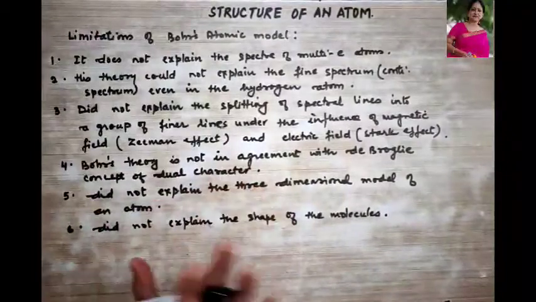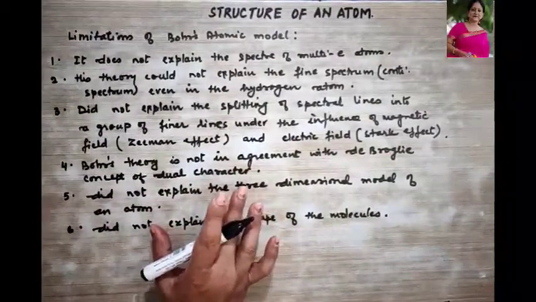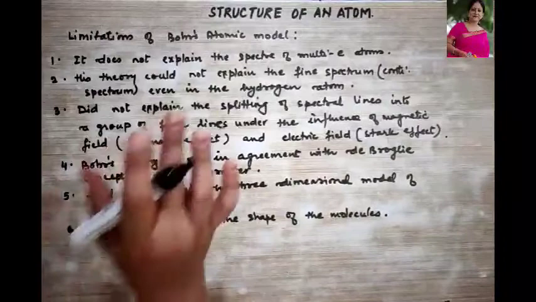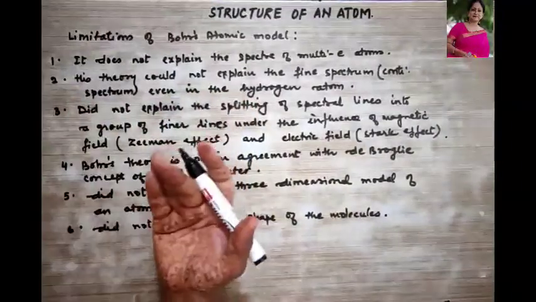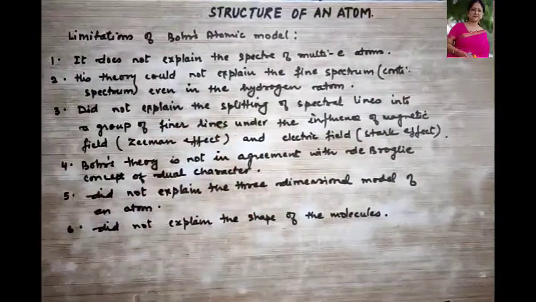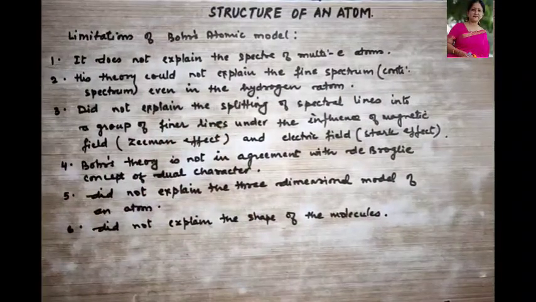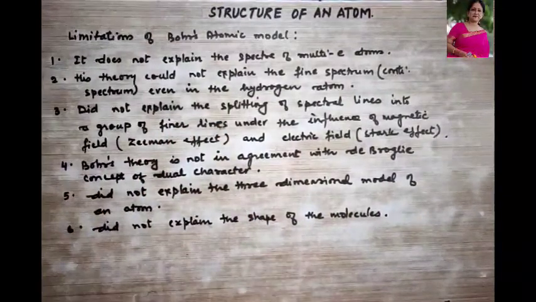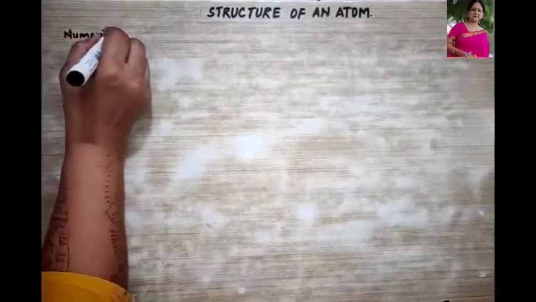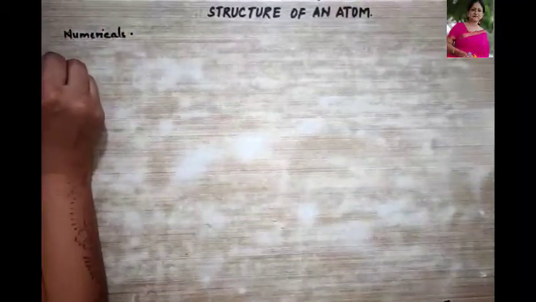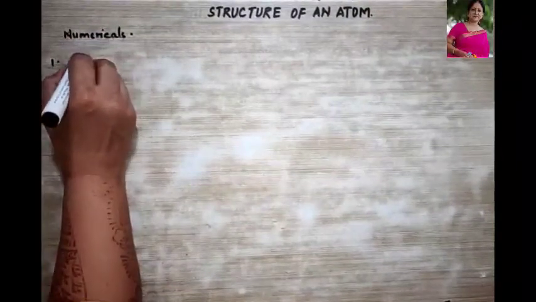I hope this much is very clear to you. Now, there are certain questions based on the formulas that we have done in Bohr's atomic model, which I am going to talk about now. To the numericals. Look at the first numerical. I am writing down the question also.